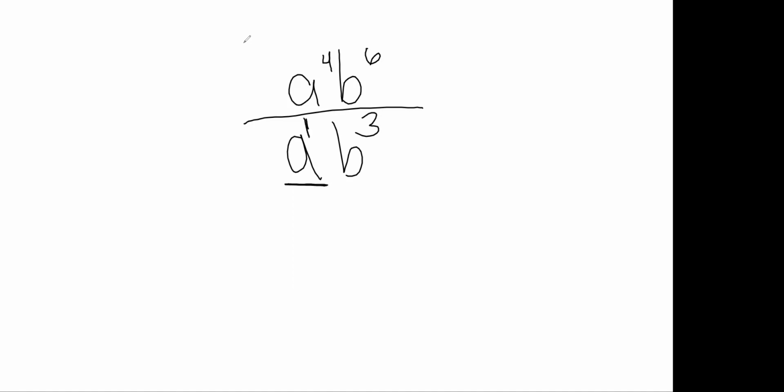It's to the first power. Just like we all know that this a also has a 1 here. Those ones, you don't have to write them because an a by itself means the same thing. So we know these two bases are the same. We can subtract 4 minus 1. And then we subtract 6 minus 3. We know that when we are dividing monomials like this, we subtract the exponents, and that's what you've been doing.